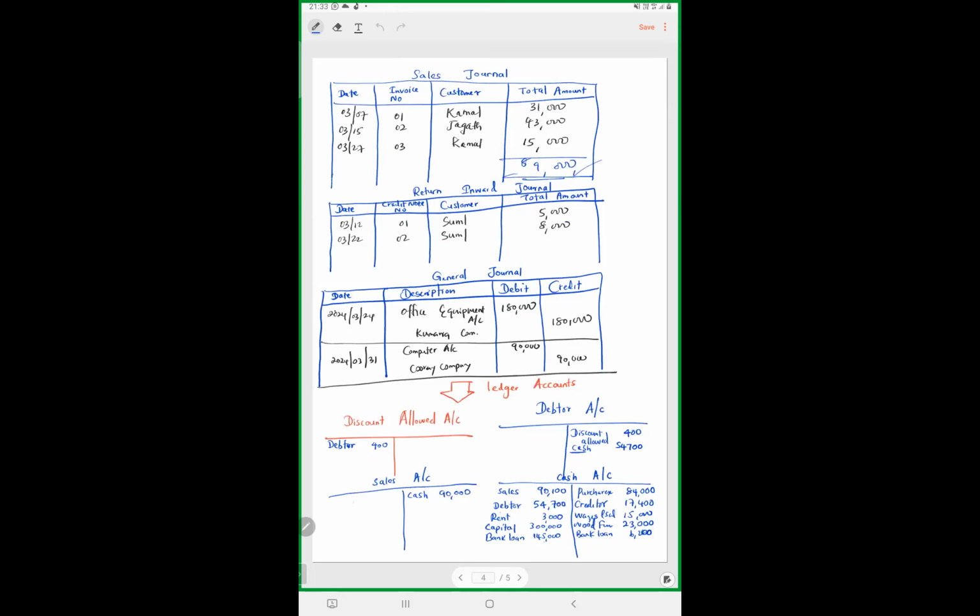Sales, debtors 89,000. And debtors account credit sales 89,000.